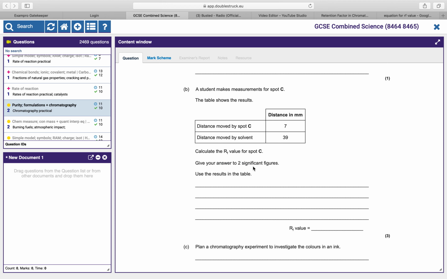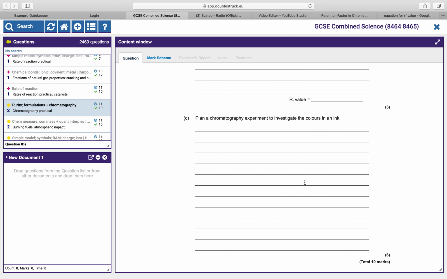Don't forget that. A lot of people actually forget when it asks you to give it to a specific number of significant figures. The RF value has no units, so you don't need to worry about any units.